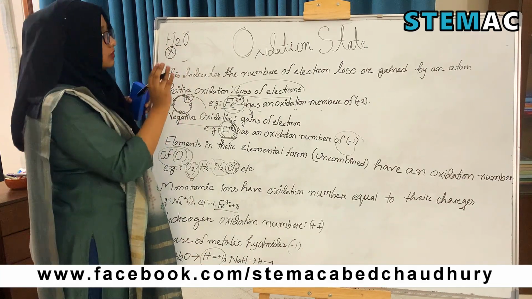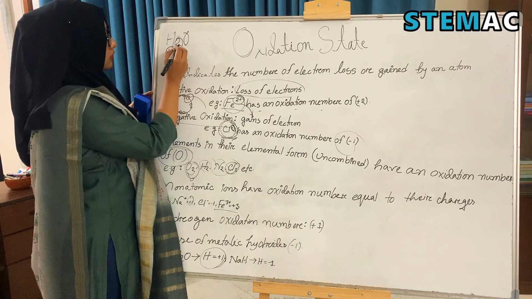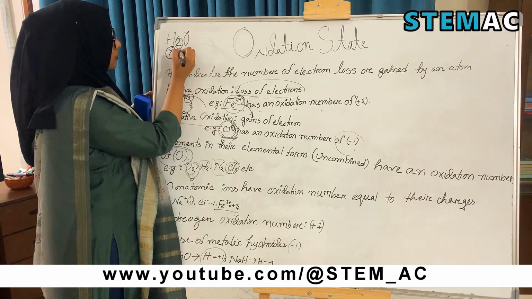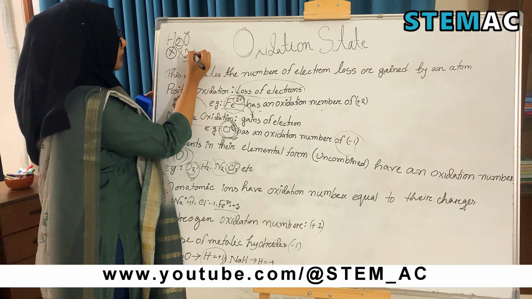We just need to find the oxidation number of H. Let it be x. There are 2 atoms, so we have 2x, plus oxygen.